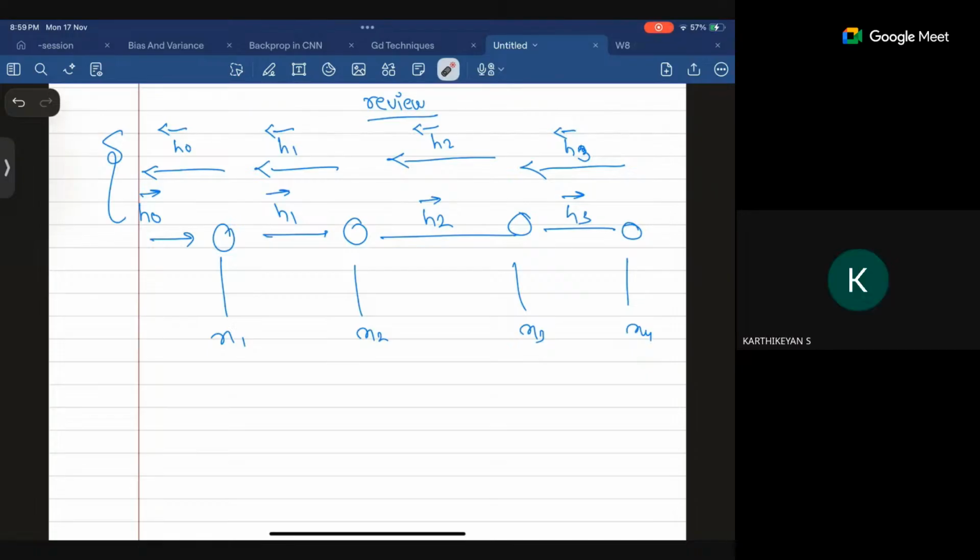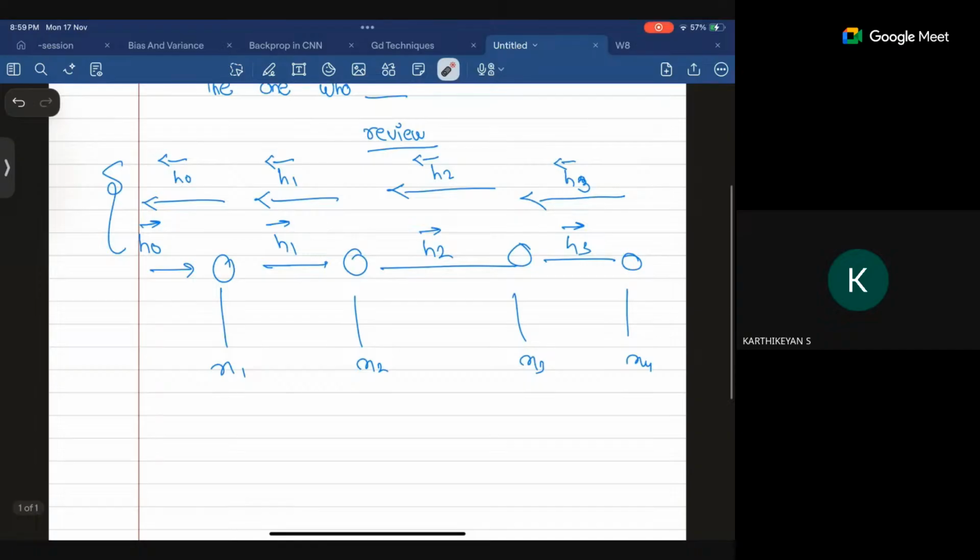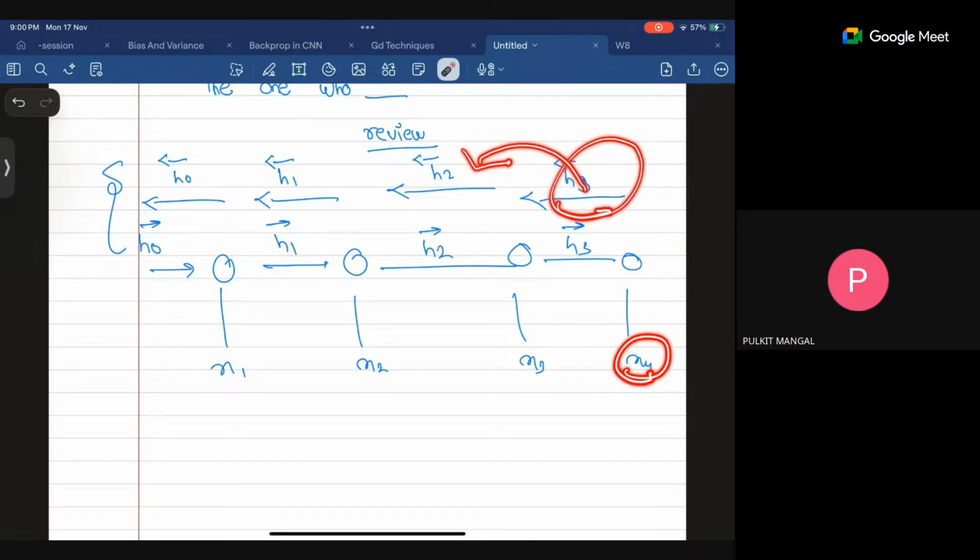Or it will be H4. You need to give H4 from the back one. Because here also we should have U1 H something and then W1 X4, right? So we need H4, H3. With that, we will be able to get H2.